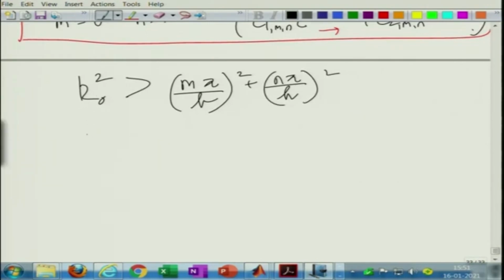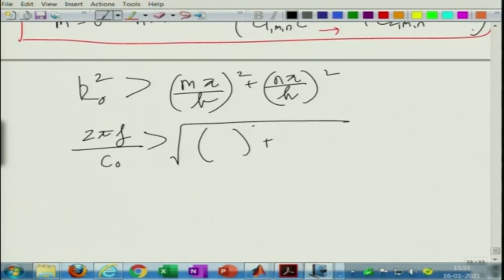So, remember we can write this as 2 pi f by C naught, and this is greater than this value, is it not? What is C naught by f? C naught by f is your wavelength.